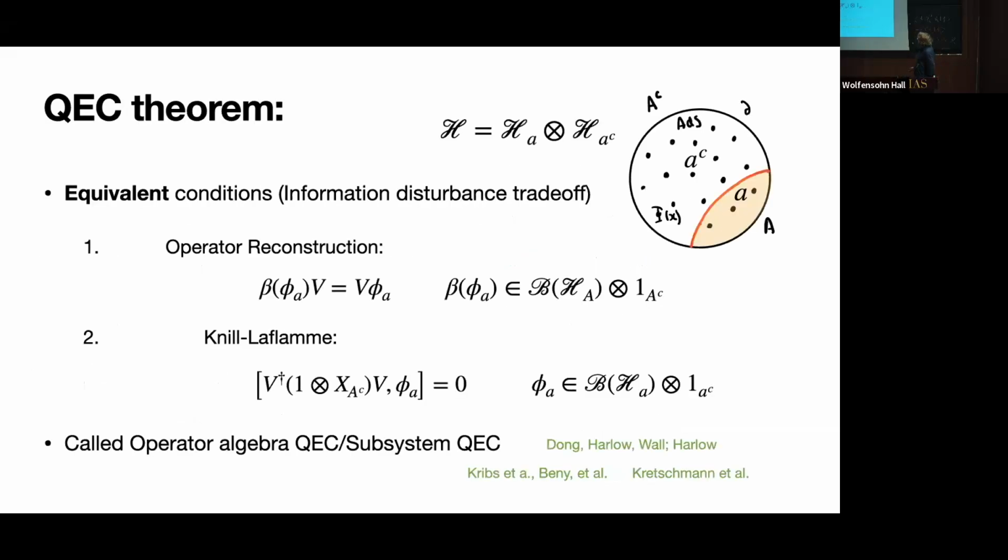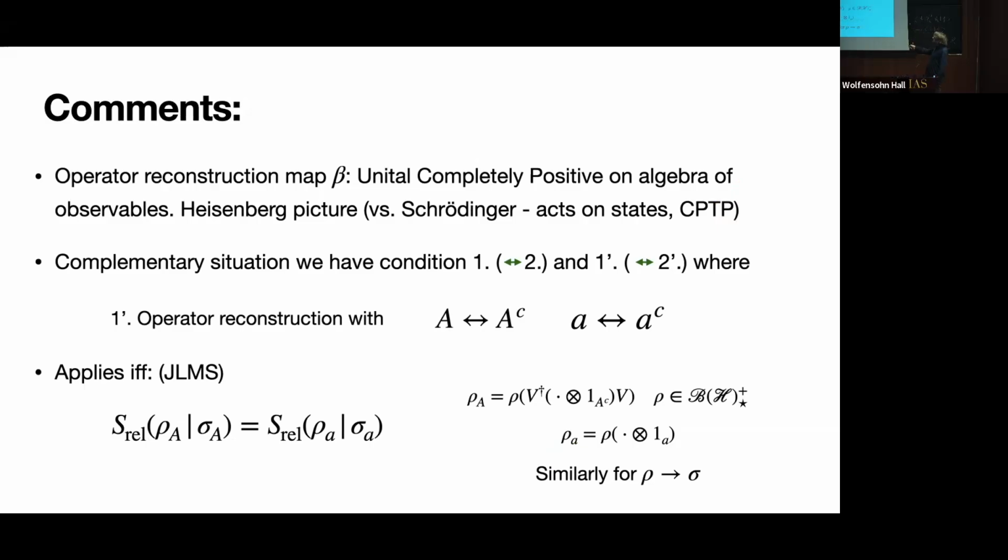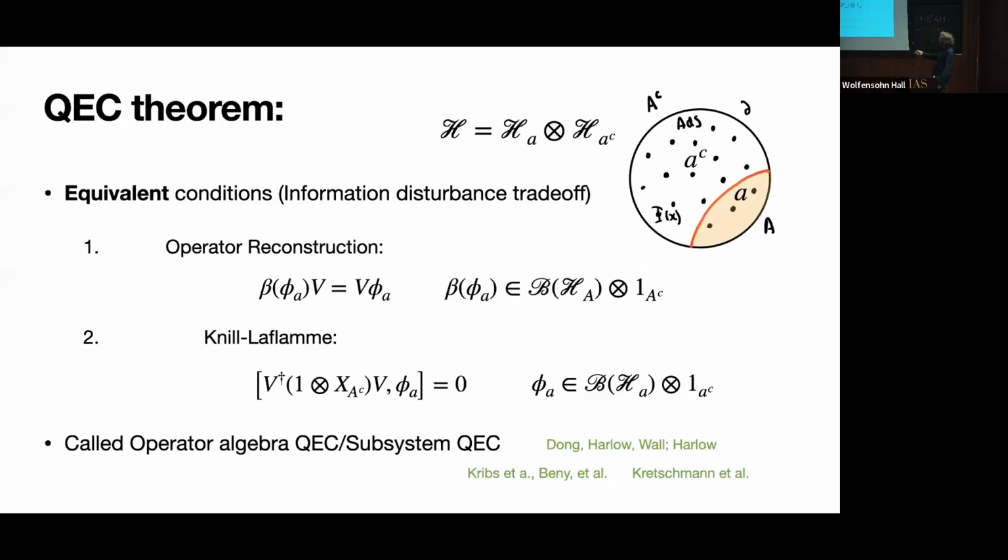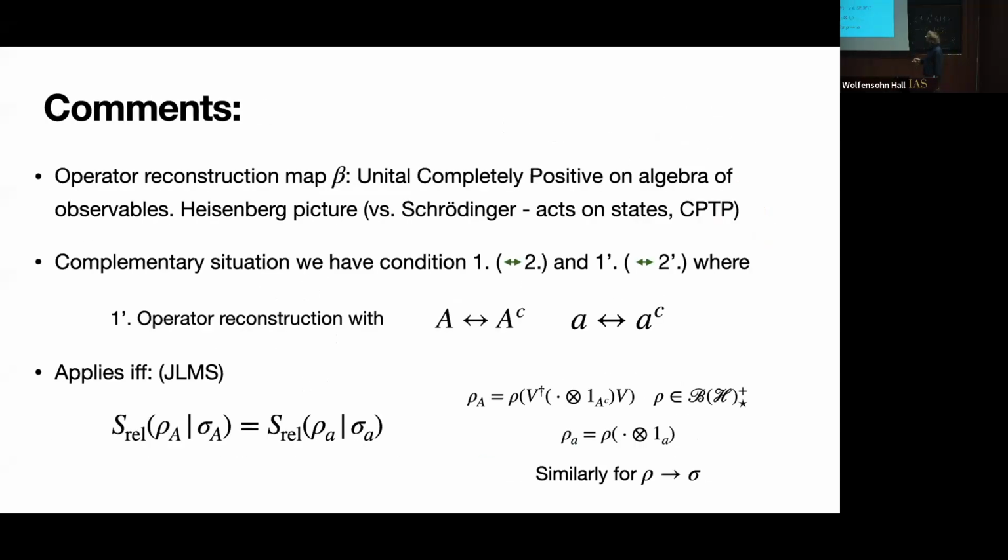There's a complementary situation that arises here. There's no seeming difference between the region A and A complement. Remember, sorry, I should have said this region, of course, is delineated by the RT surface. So I can also do operator reconstruction in the complement region. And if I have both of those conditions in this theorem, so I have two versions of this theorem, one where I have condition 1 and 1 prime, where 1 prime is just operator reconstruction for the complement region.